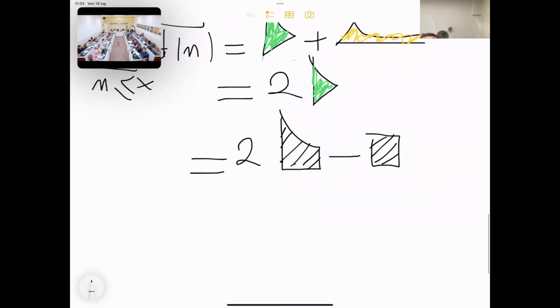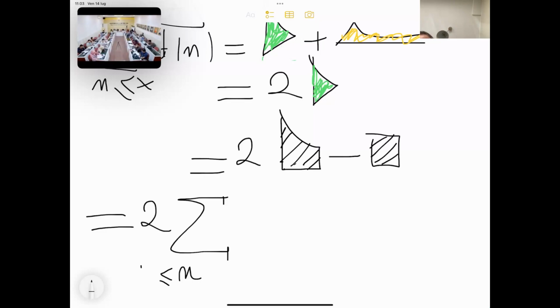And the way to write it is the following. This is equal to twice the sum, where these are integers. So n goes from 1 to the square root of x.